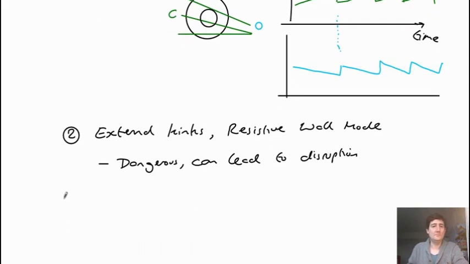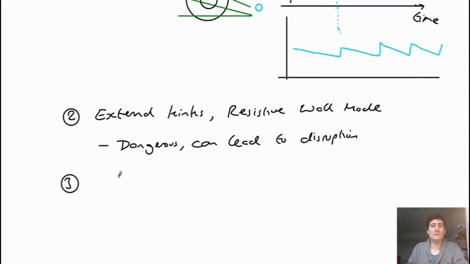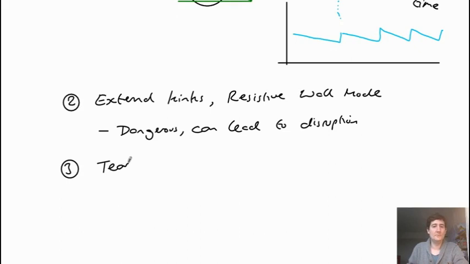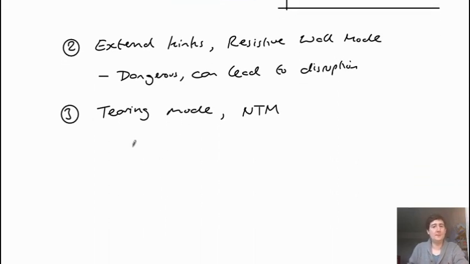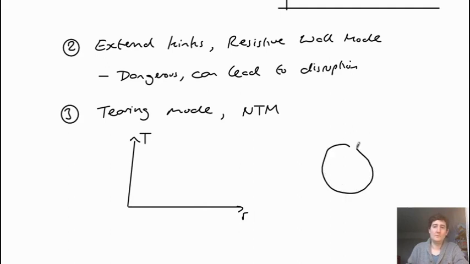And lastly, the final one we'll look at is called the tearing mode, or the related neoclassical tearing mode, or NTM, which is a tearing mode driven by neoclassical effects, so driven by the bootstrap current. What's seen experimentally is the temperature of the plasma from the core to the edge, so this is radius, looking along a line of sight like this.